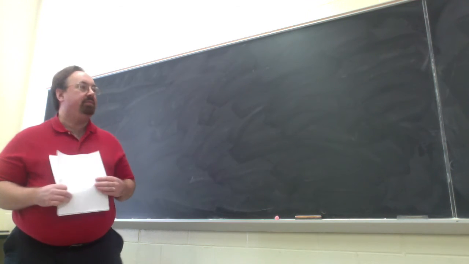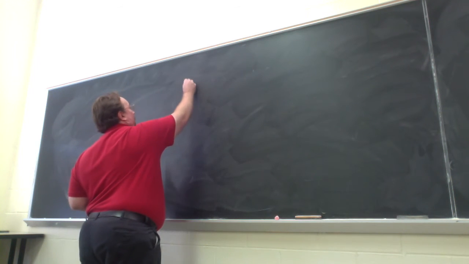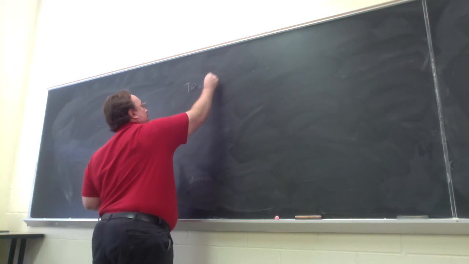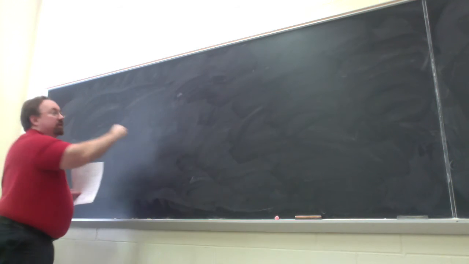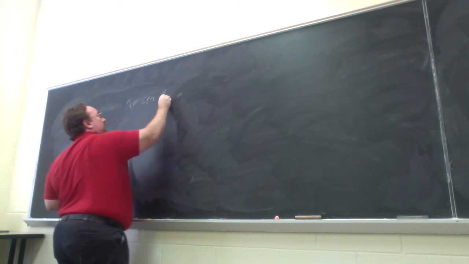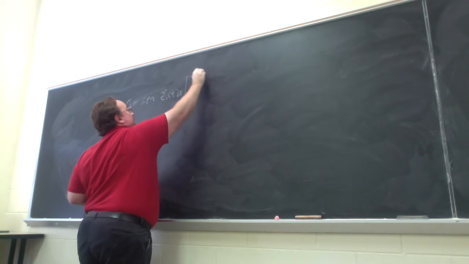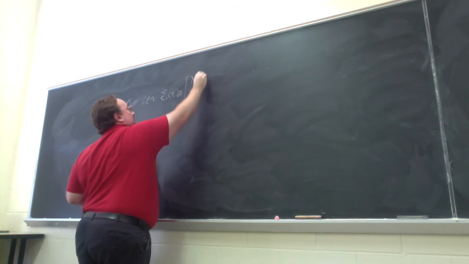To find a and b, in order to get z1 of t, that would be x of t, y of t.